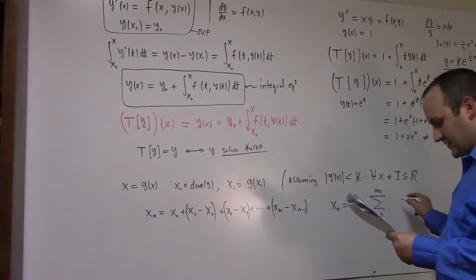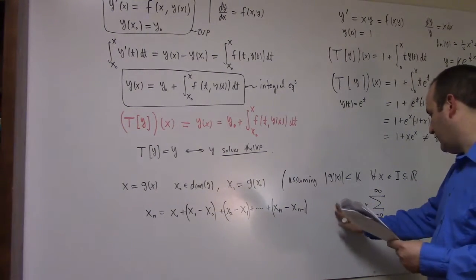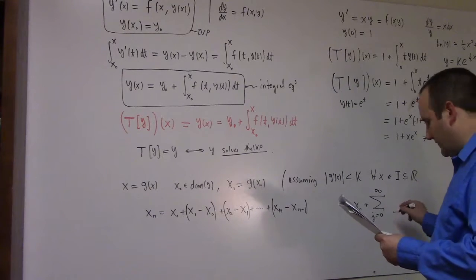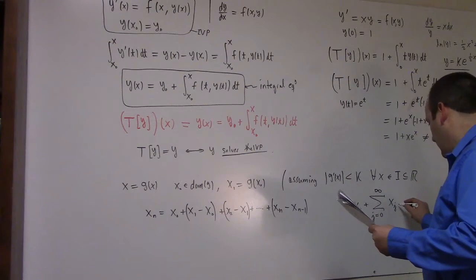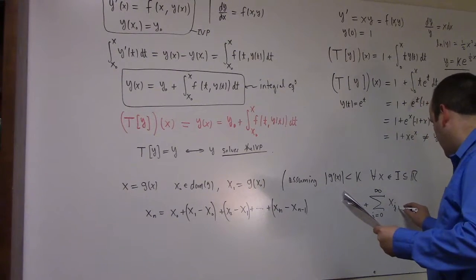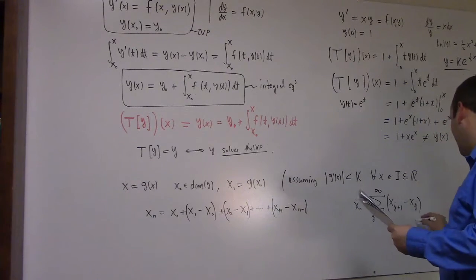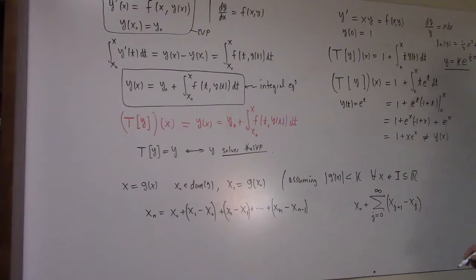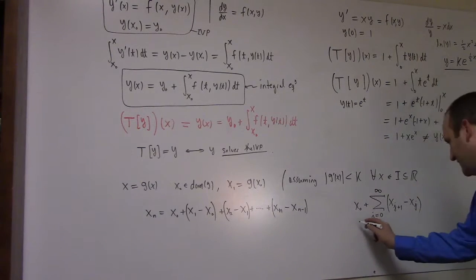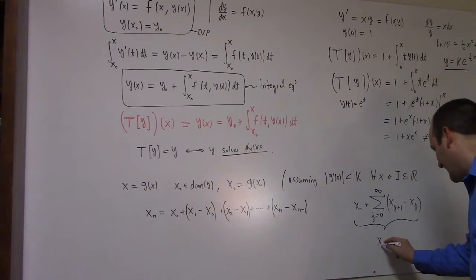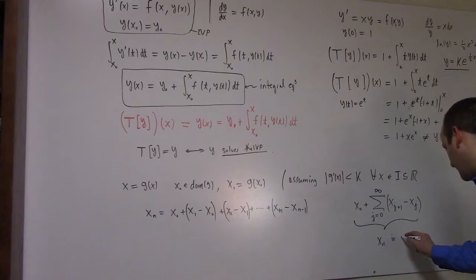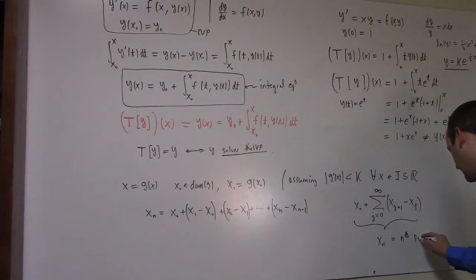I'll get to it in a second here. Just a second, let me use my words. So you have this infinite series, right? If this is the infinite series, xn is the nth partial sum of this, right?